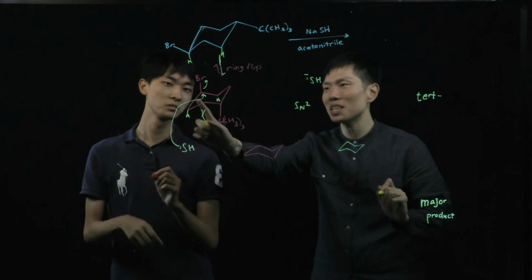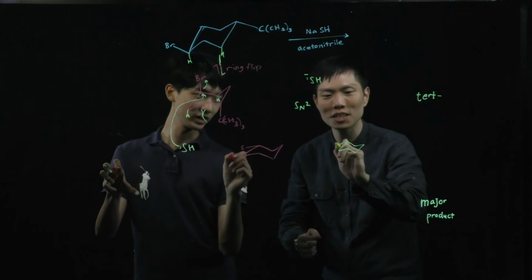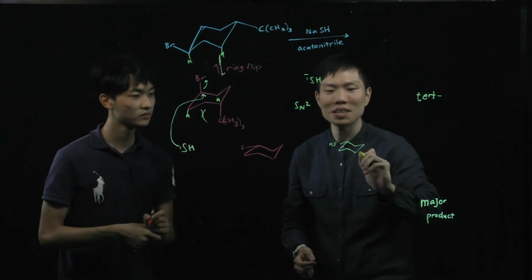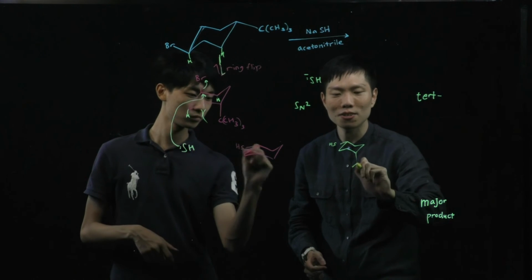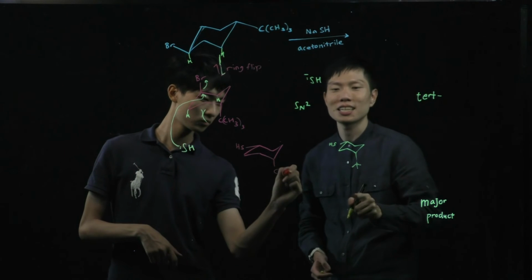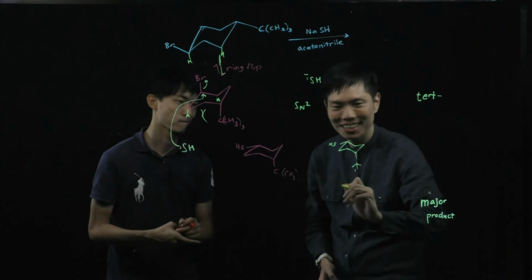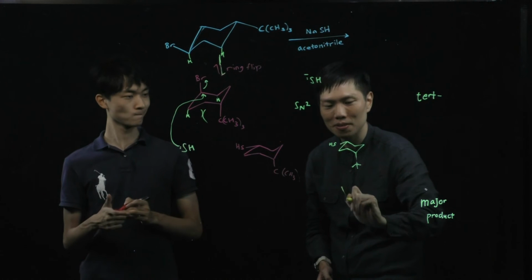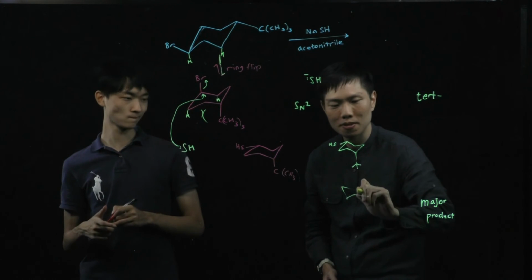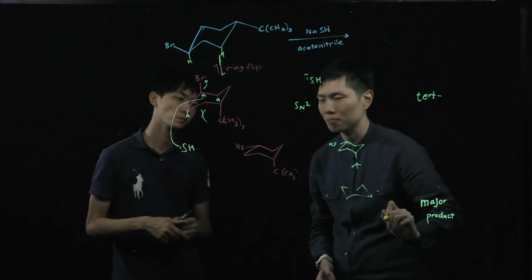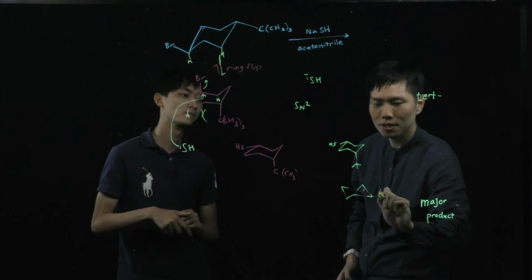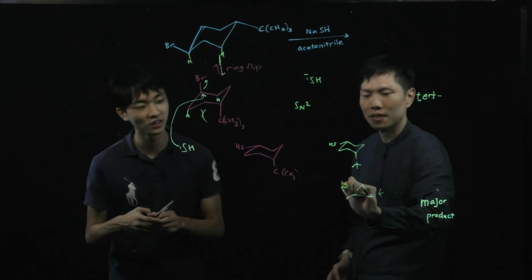Because SH comes in here, it will go to the equatorial position, and everybody else stays intact. So you see a little chicken feet there. And then we do a ring flip back, then it will be like this. Ta-da!